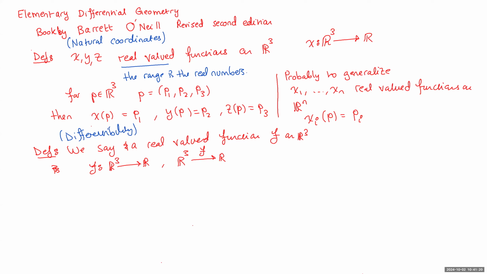Okay, if all partial derivatives exist and are continuous, we say f is C infinity on R3. This is a common way to write it up.